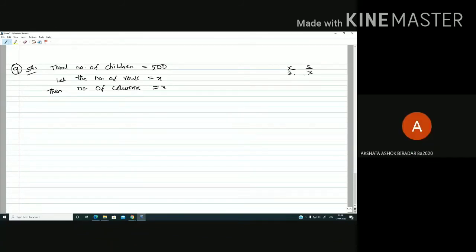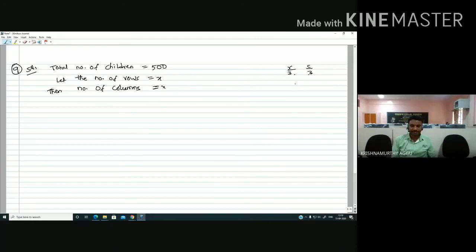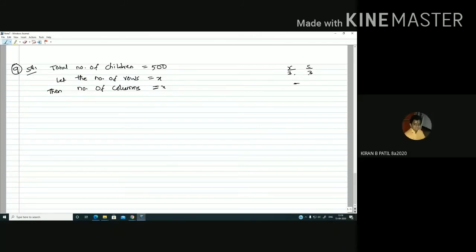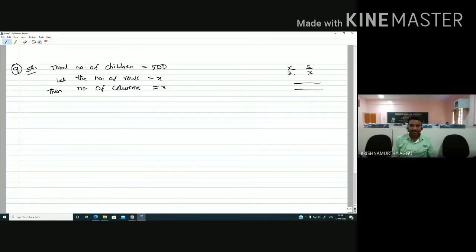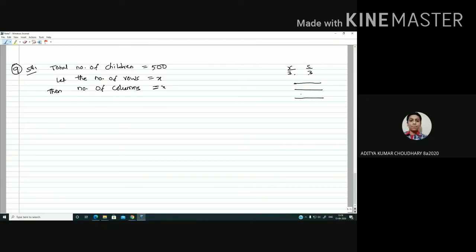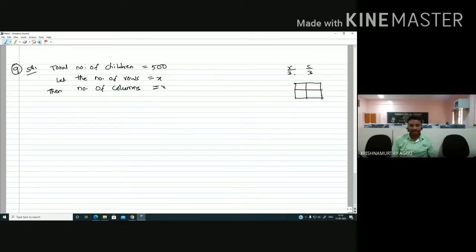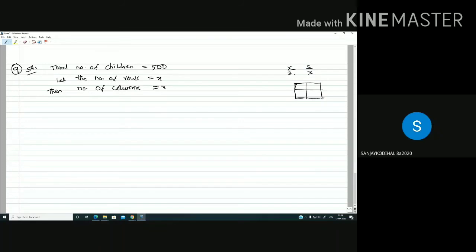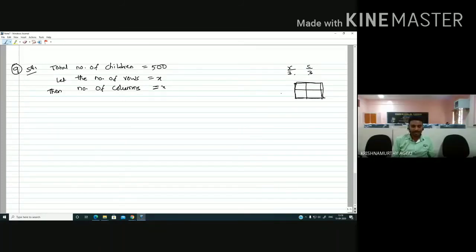Number of rows and columns are equal. So 3 rows, 3 columns: 1, 2, 3. So which type of figure you got? Square figure you got.